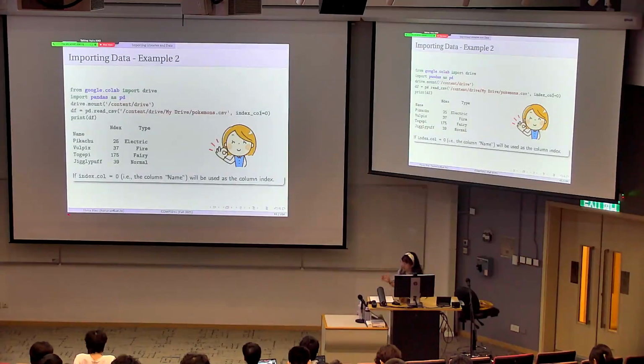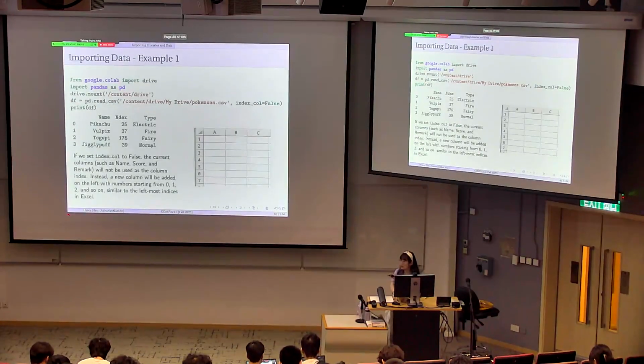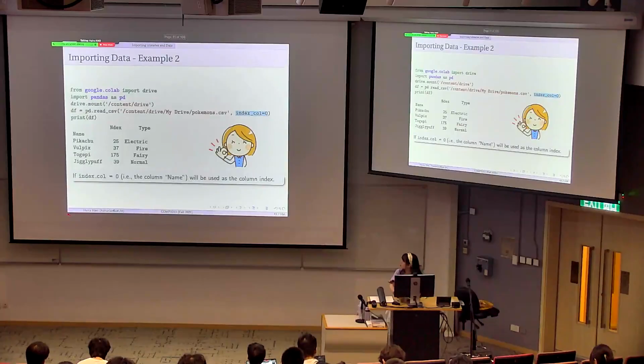For example, now we let index column to be 0. After that, if we print it out, it gets something like this. Compared with the previous one, the leftmost index column disappeared. Instead, the name column will be used as a column index.